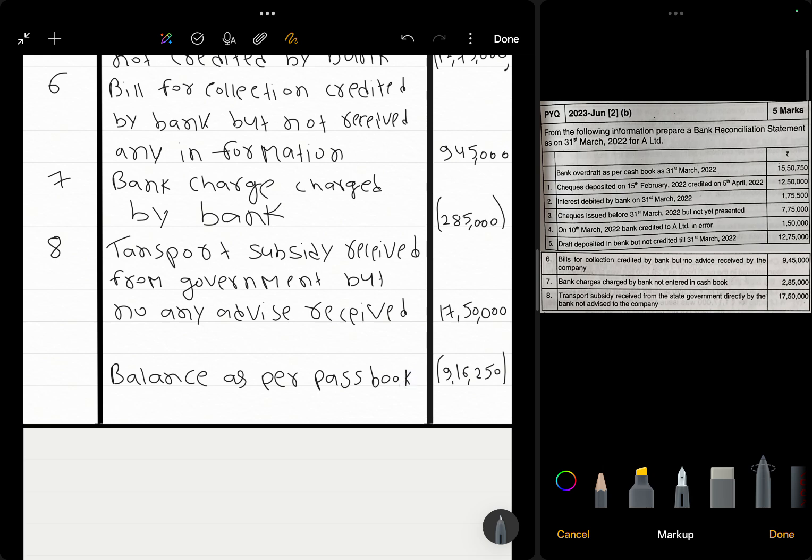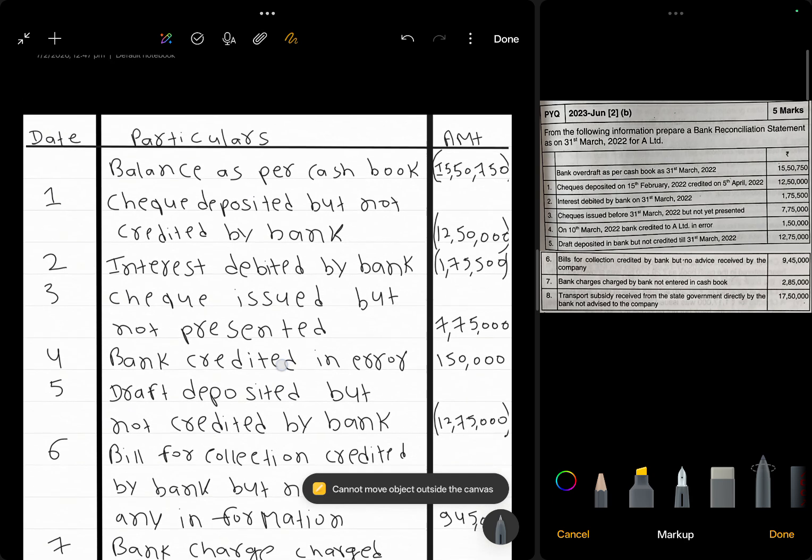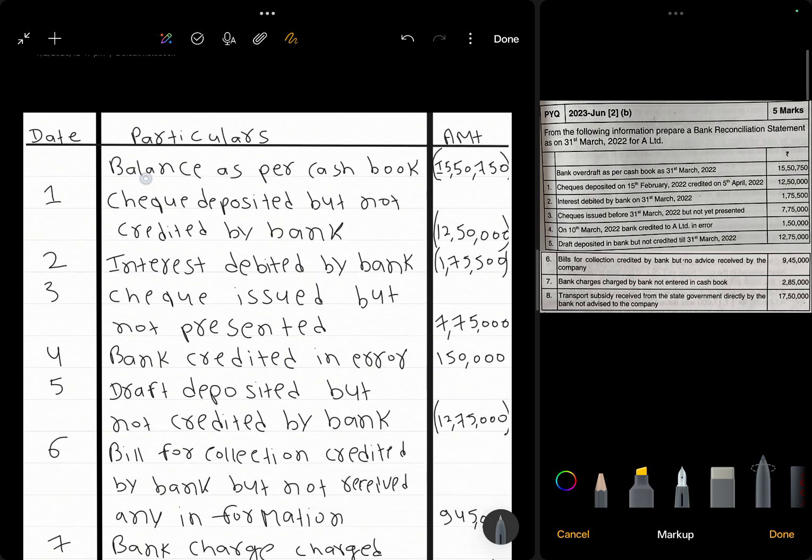We can say that in our passbook negative balance means debit balance. If it were positive here, then it would be credit balance. Okay, so this is all here. Here, as per cash book, negative balance means credit balance. If it were positive balance, then it would be debit balance.